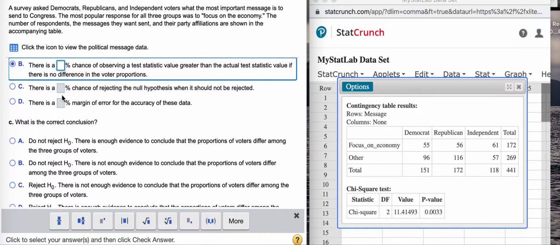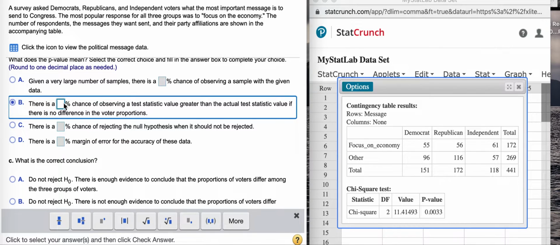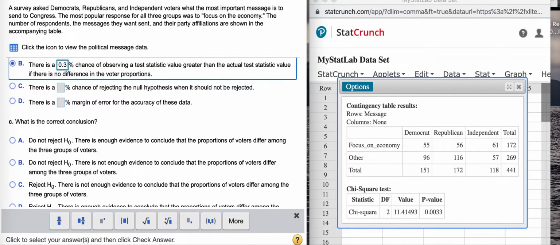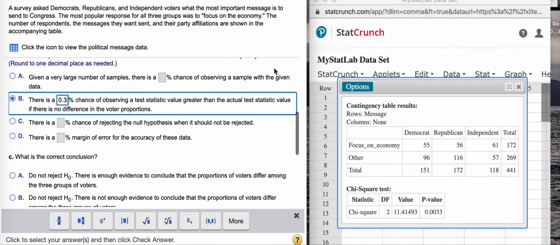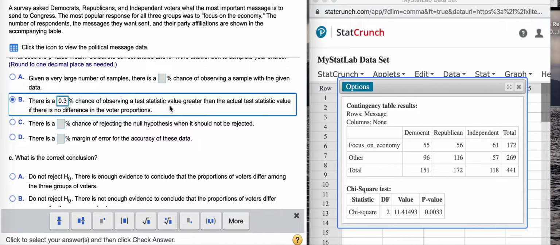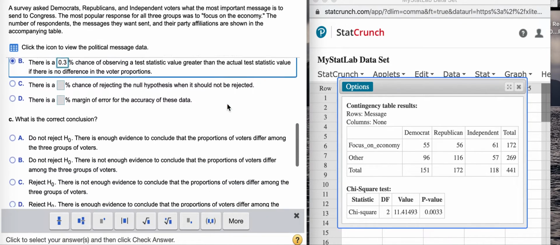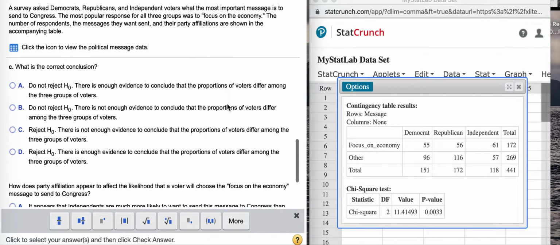So in this case, the p-value, there is a blank % chance. So if we turn our p-value into percent, this would be a 0.3% chance of observing a test statistic value greater than the one that we actually witnessed, if indeed there was no difference in the voter proportions. So we're going to reject the null hypothesis in favor of there being a difference.